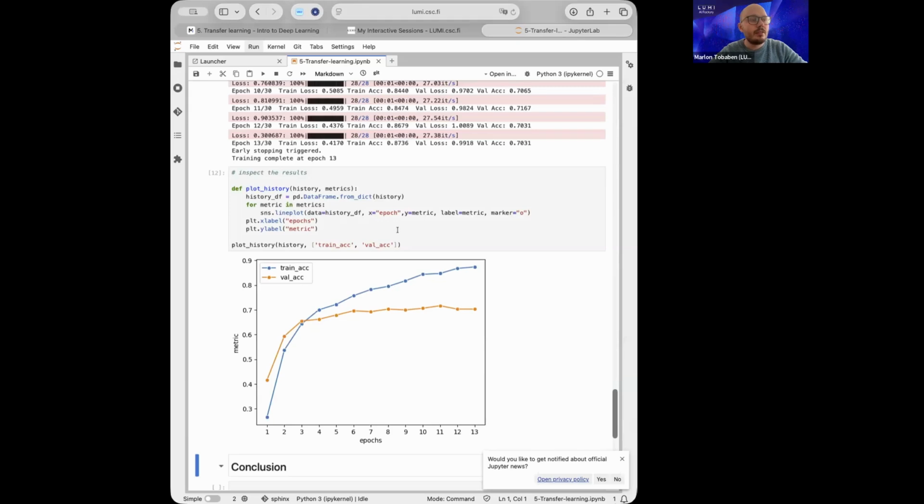First of all, we see that the training accuracy went up quite high, and the validation accuracy also went up, not as high. So there's a gap here, but still we are looking at almost 70% accuracy in the end.